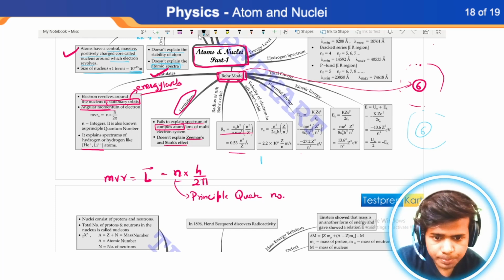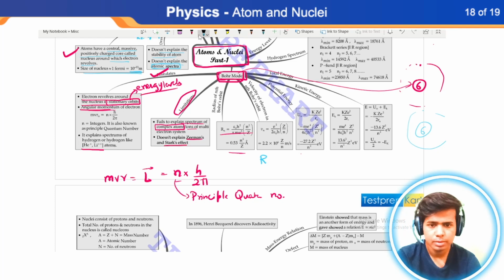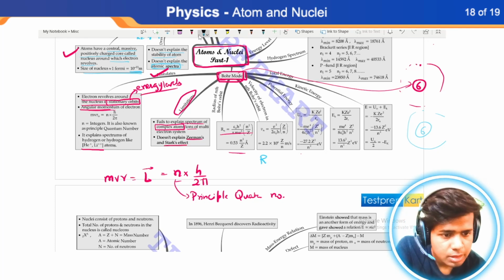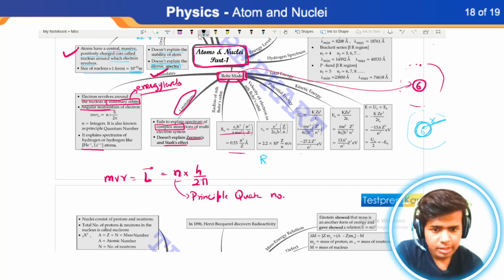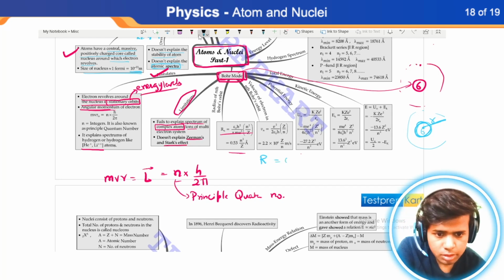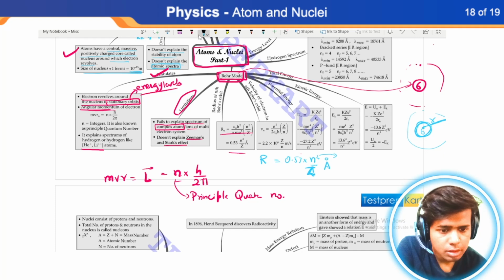The radius of the, let's say this is the nucleus and this is the radius of the energy level or the orbit, then it is equal to 0.53 into n square by z angstrom, where n is the nth shell and z is the atomic number.